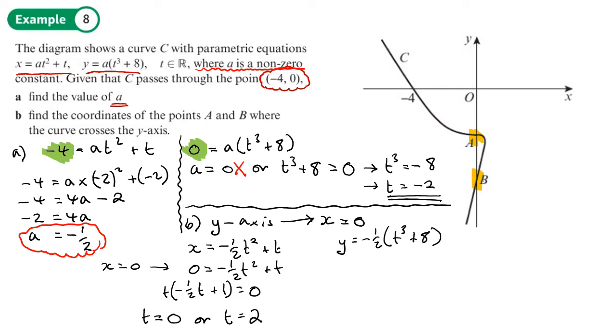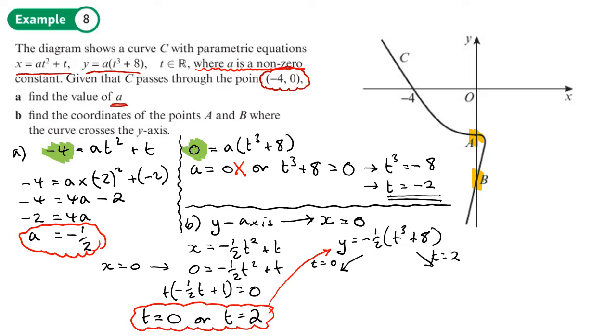So that gives me the two values of t where the graph crosses the y-axis, and now I can use that to work out what the y coordinates are at those points where it crosses the y-axis. So I can now substitute in those values of t. Over here let's substitute in t equals 0, over here t equals 2.